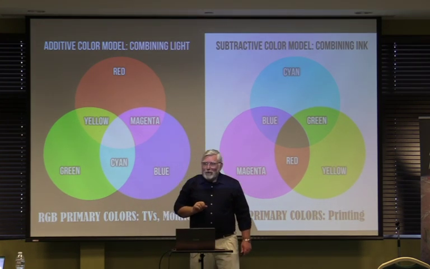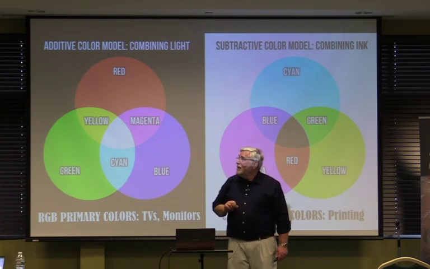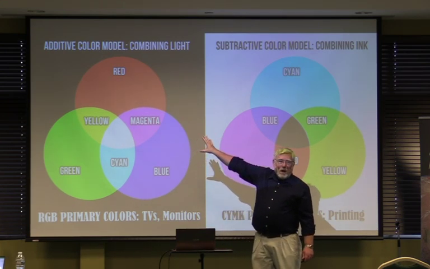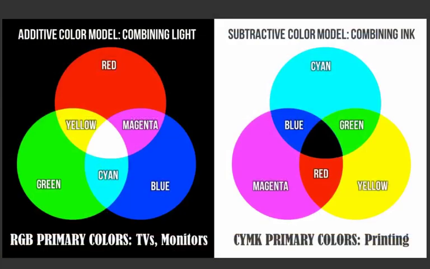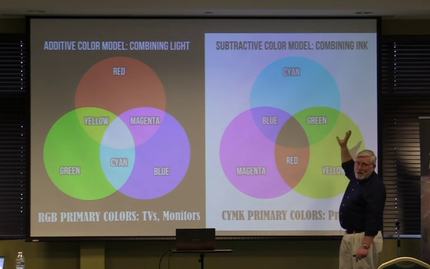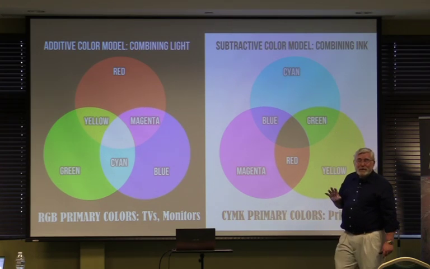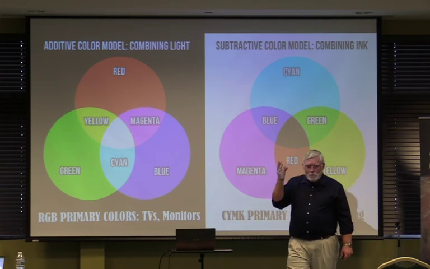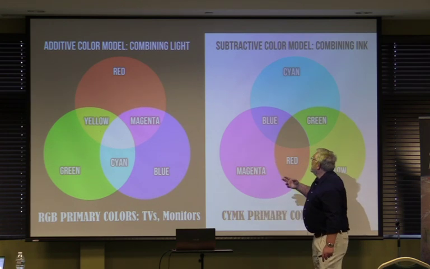That's not the way the printed page works. These are called additive color models. So you're adding all of these colors that are coming at you. What we're used to is this color model, the subtractive color model. So you have a printer that has, what colors does it have?